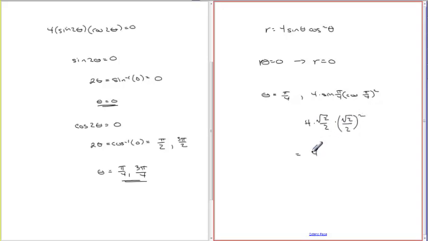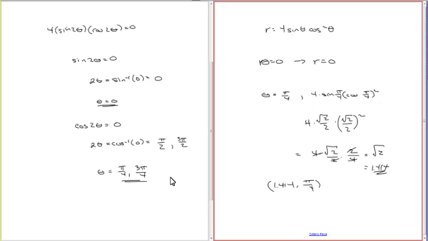So you get the square root of 2 over 2 times 2 divided by 4. That cancels out with that, and you get the square root of 2, which is 1.414. So one point is r equals 1.414, and theta is pi over 4.